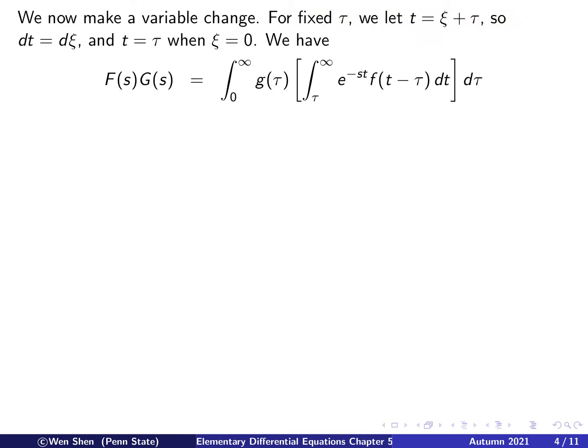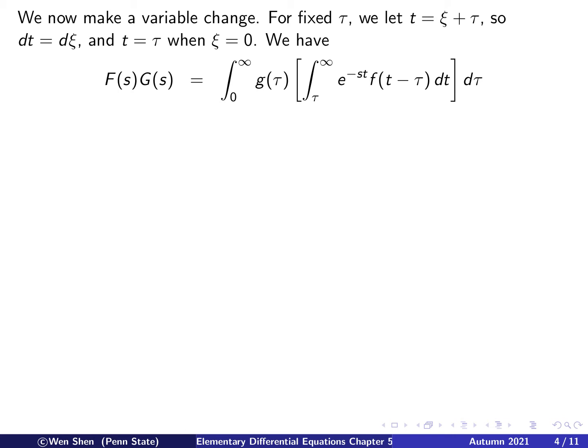And now we make a variable change. For any fixed tau, we call psi minus tau equals t. With this variable change, we know dt equals d psi, and when psi is 0, we have t equals tau.